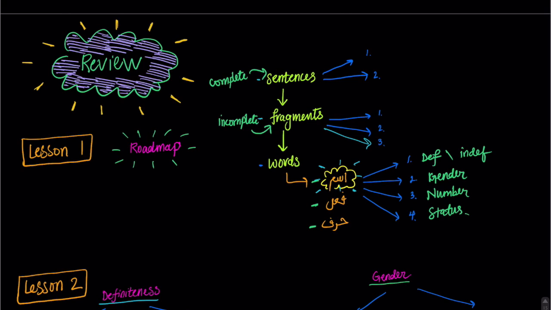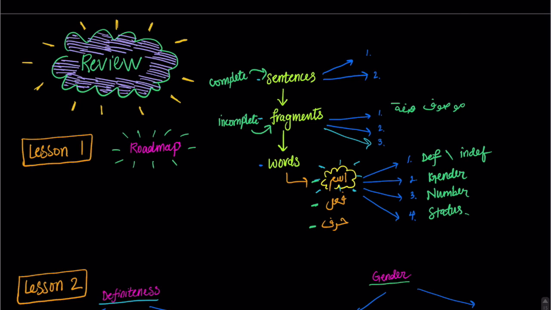And we talked about the first type of fragment, which is the Mawsuf Sifa fragment. And the Mawsuf Sifa fragment was the descriptive phrase. So if we wanted to say big sky or blue sky, we would know that that is a Mawsuf Sifa, and we know how to make that type of phrase now.